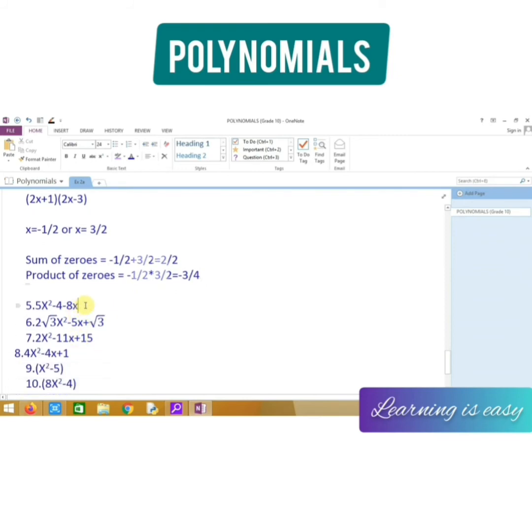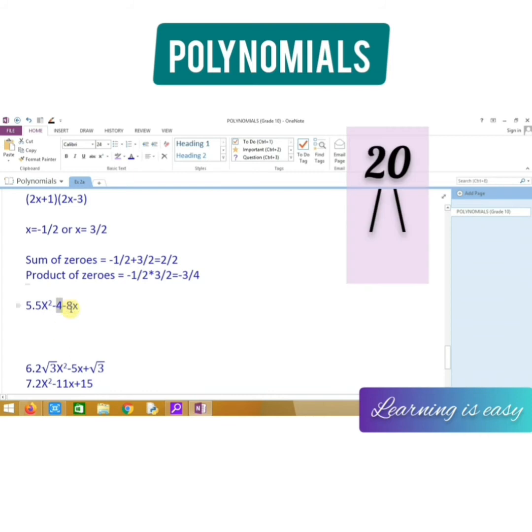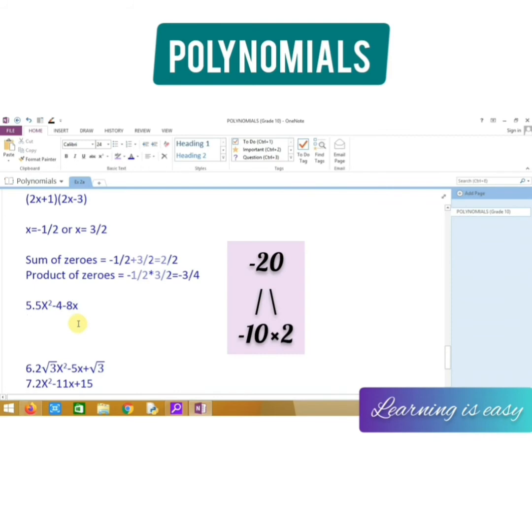Next question, 5x squared minus 4 minus 8x. So we need to multiply 5 into the constant, which is minus 4. So minus 20 can be written as minus 10 into 2.